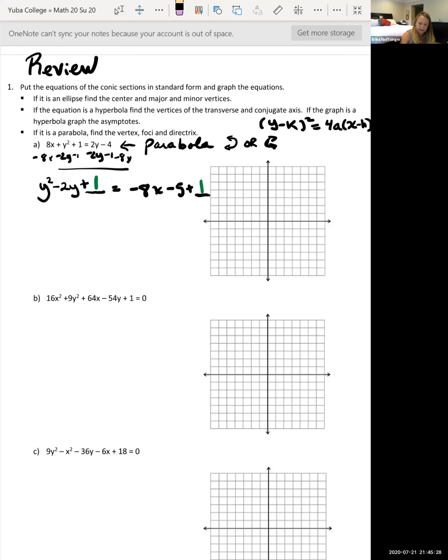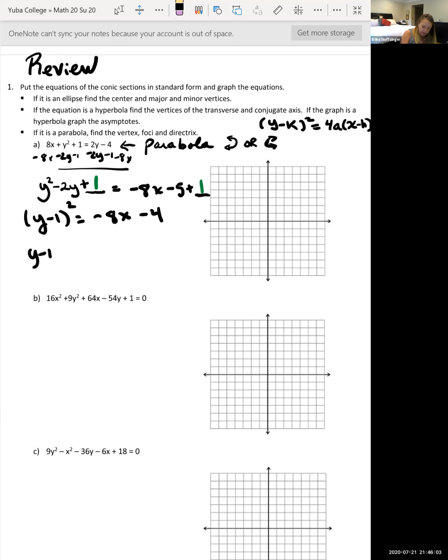Rewriting the left-hand side, we have y minus 1 quantity squared is equal to negative 8x minus 4. This is not quite in the form that we want. We need the coefficient in front of the x to be 1, so we need to factor that coefficient out of both terms on the right-hand side.